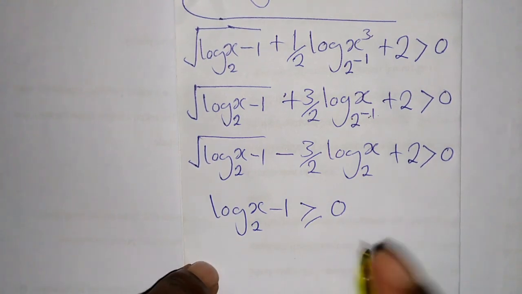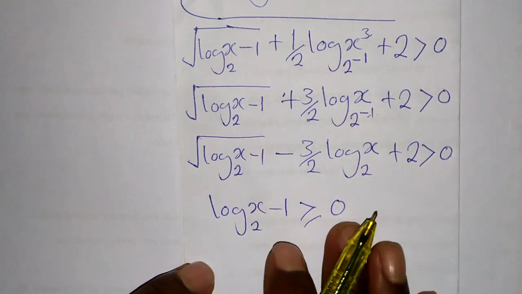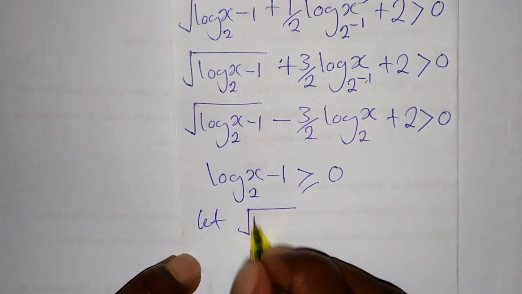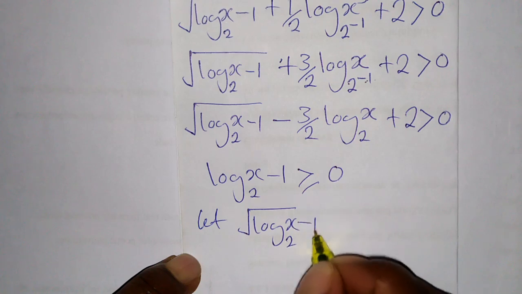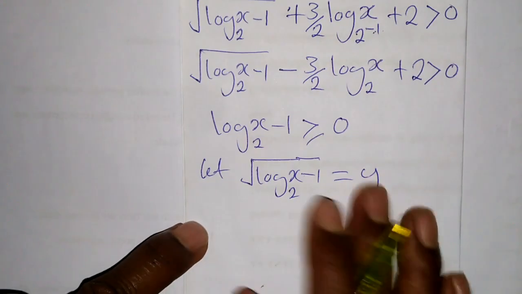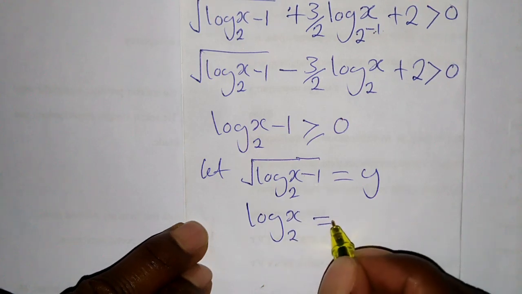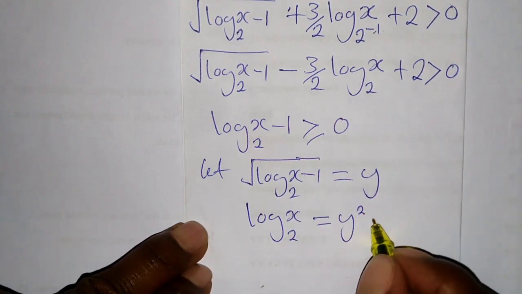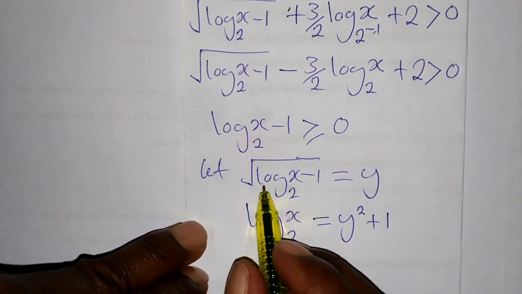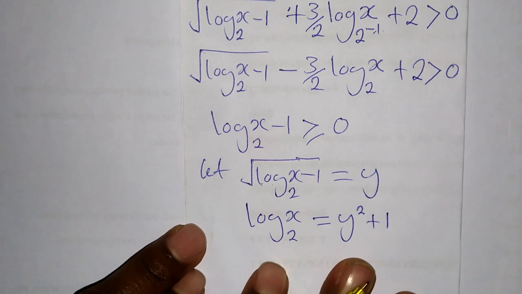And again, we can change this equation into a quadratic equation by letting this square root of log x base 2 minus 1 be equal to y, which implies that log x base 2 is equal to y squared plus 1. That's if we make log x base 2 the subject in this equation.